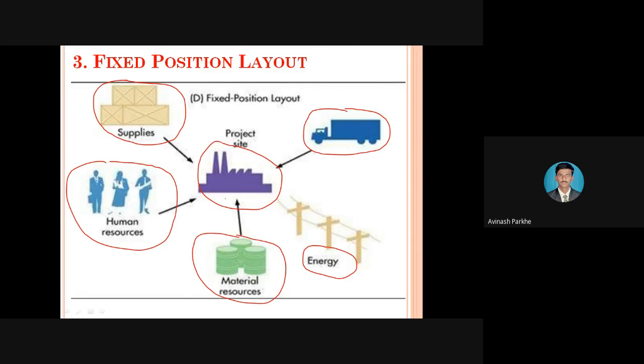Therefore, here the position of the product is totally fixed. Whatever final product you get, in the form of a ship, an aeroplane, or a sugar industry, its location is totally fixed. Therefore, such types of layout are called a fixed position layout.